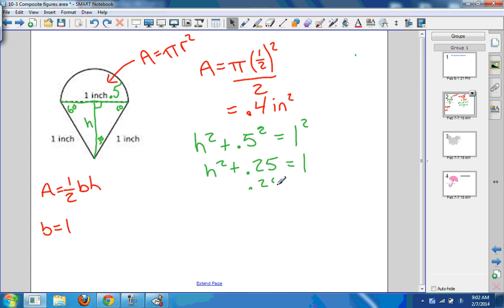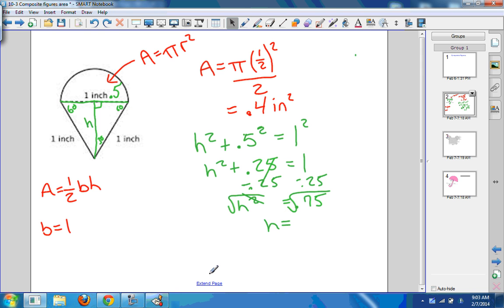If we're solving for h, we need to subtract 0.25 from both sides to get h squared is equal to 0.75. Now to get h all by itself, we need to get rid of the squared, so the opposite of squared is square root. So h will be equal to the square root of 0.75.